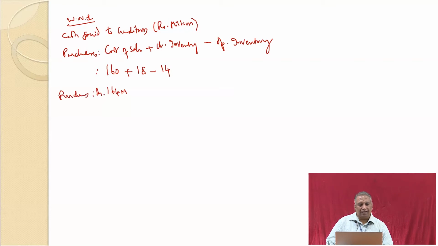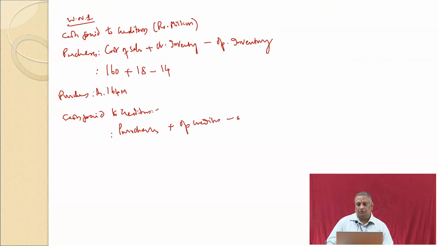From this we have to calculate cash paid to creditors. So this is going to be purchases plus opening creditors minus closing creditors.